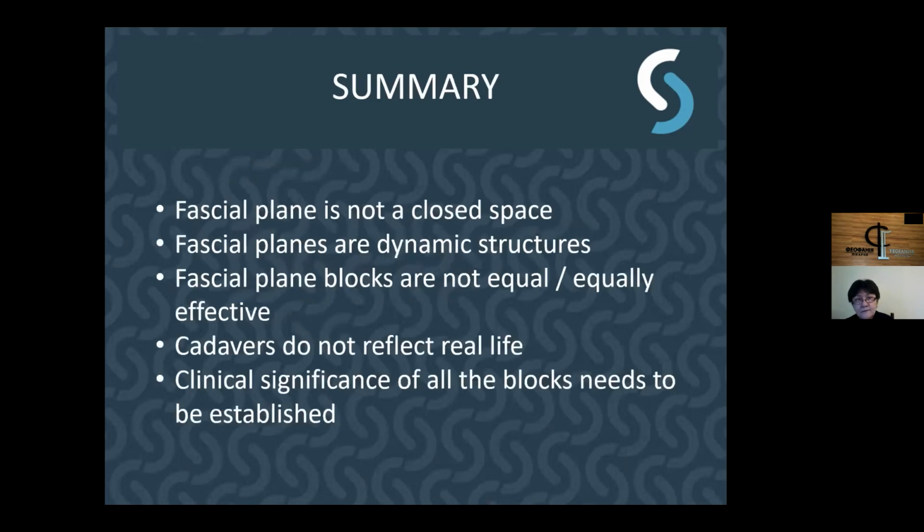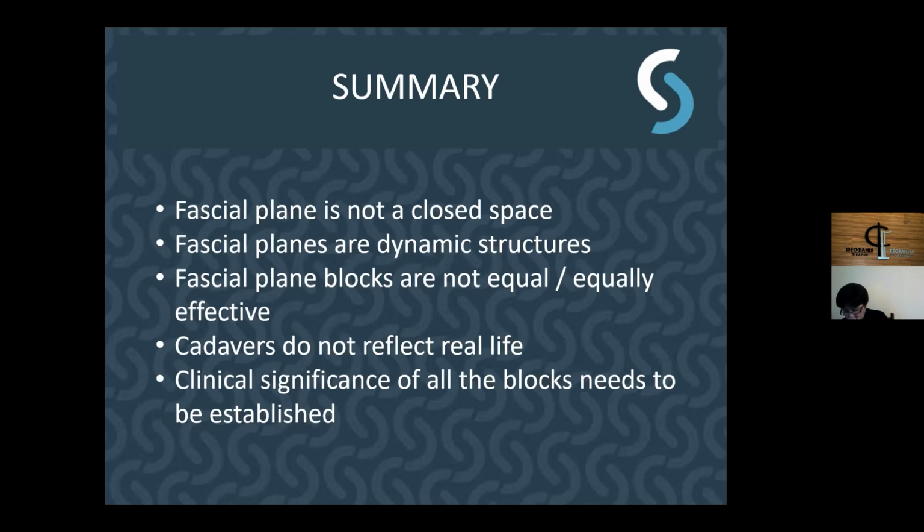Okay, then just in summary, a fascial plane isn't a closed space, so it's not just the one area where you inject. It moves, and it moves more or less depending on the fascial planes, whether they're more dynamic. Do not think of it as a thing that you pop through to put in local. It is a dynamic structure that moves and has a function.